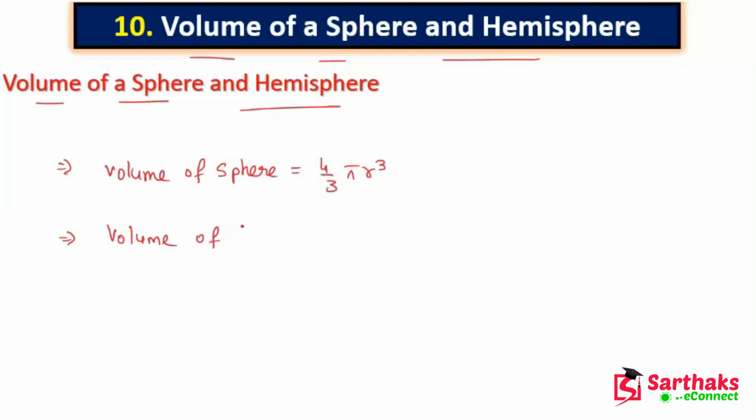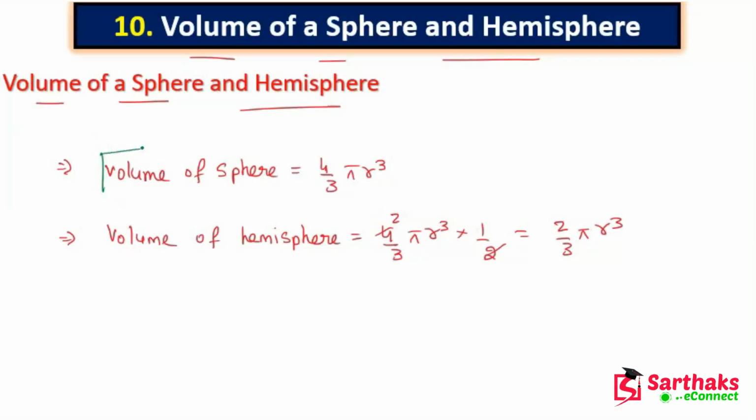If you talk about the volume of a hemisphere, this is half of the volume of the sphere. It means 4 upon 3 pi r cube into 1 upon 2. The 2 will cancel, so we get 2 upon 3 pi r cube.